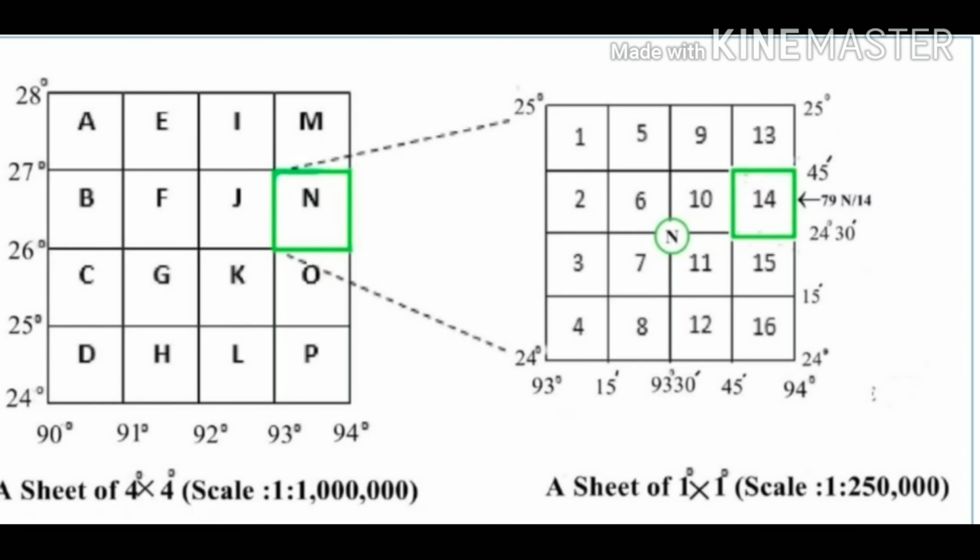These sheets were also called quarter sheets. These quarter sheets were further divided into 16 parts and given numbers 1 to 16, and the scale of these maps was 1:50,000. So in this way the entire country of India is divided.